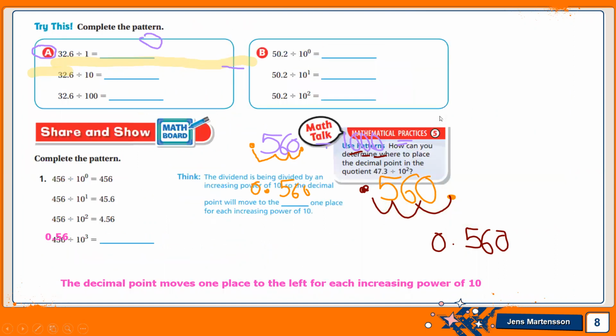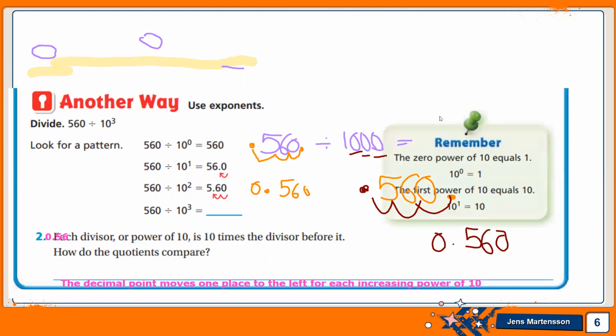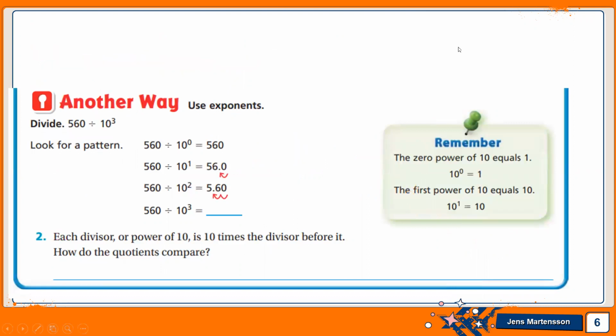Now, another way of dividing. The first one I told you, divide by 10, divide by 100, divide by 1000. Sometimes I don't divide by 1000, I use the exponents. What do the exponents mean? If I have 10 to the power 1, it means 10. 10 to the power of 2 means 10 multiplied by 10, or 100.